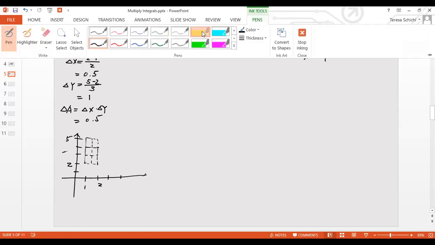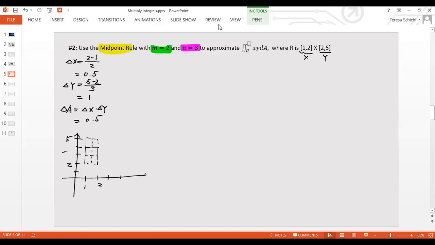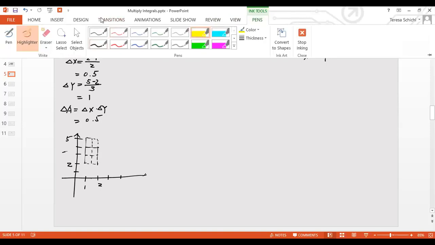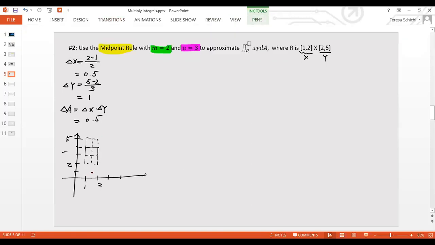So now, be careful, let's say we use the midpoint, right? What does the midpoint mean? The midpoint will be right in the middle of each sub-area. Okay, so now let's take a look at the Riemann sums here. So the same thing, let's try. You can make a table.